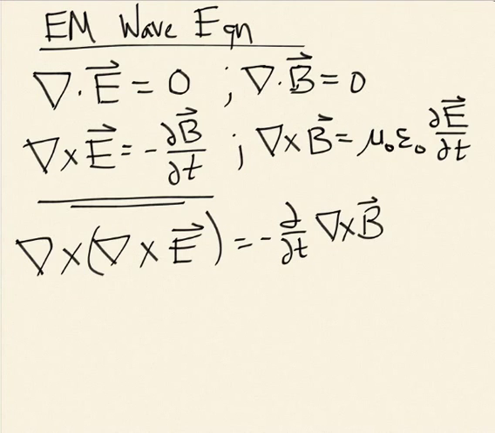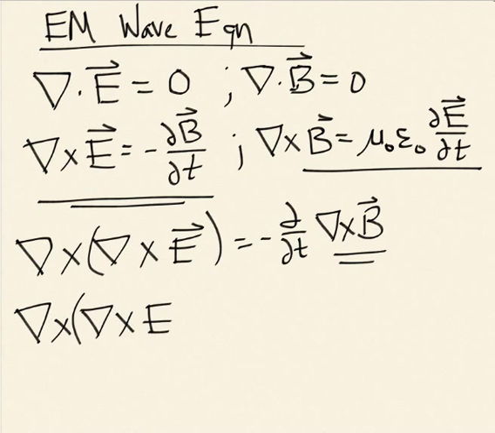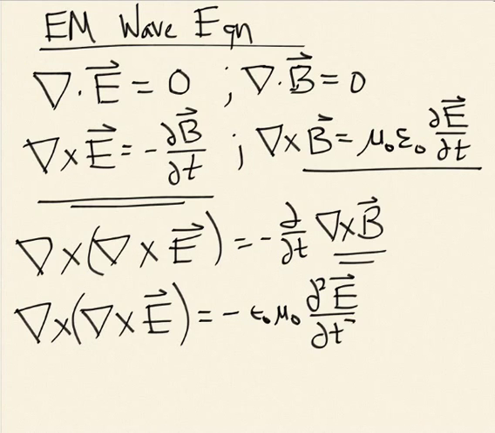You see that now I can use this equation here to replace this. And that's going to give me that the curl curl E is then going to be minus epsilon naught mu naught d squared E dt squared.